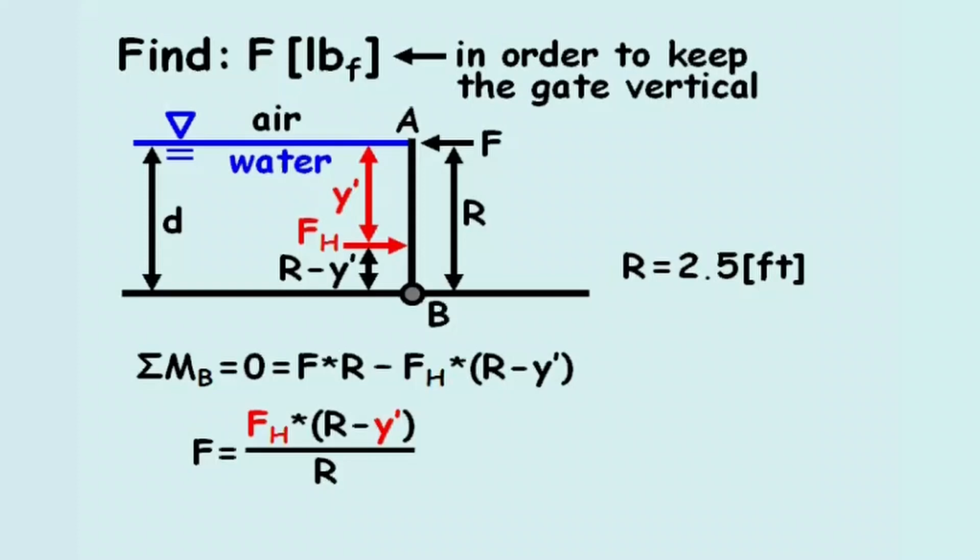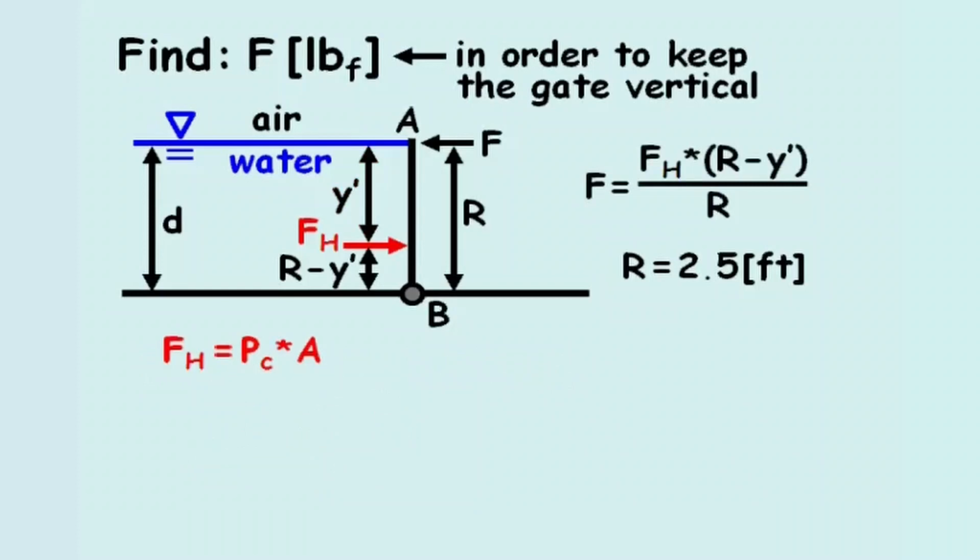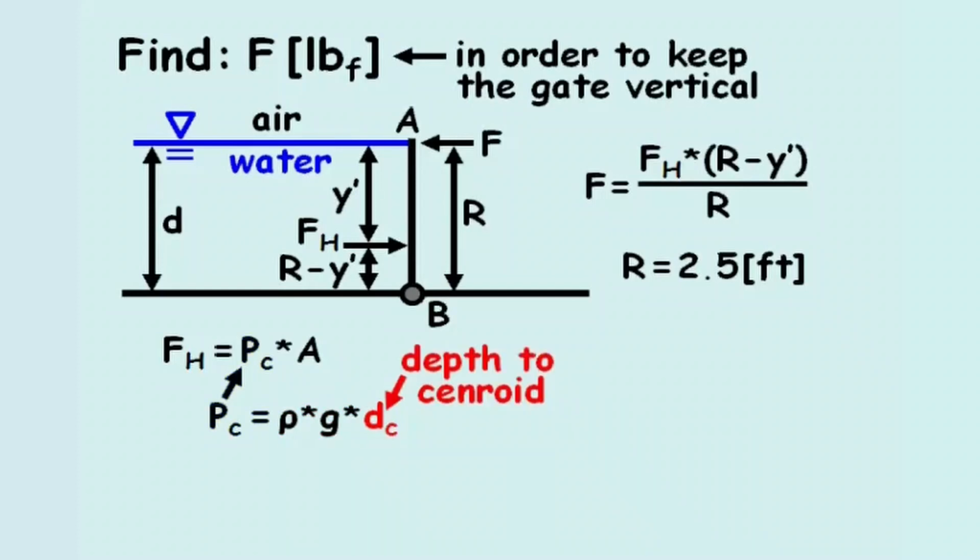y prime. The horizontal force caused by the water, Fh, equals the hydrostatic pressure at the centroid of the gate, Pc, times the area of the gate, A. This pressure, Pc, equals rho times g times dc, where dc equals the depth to the centroid of the gate, which is a different value than y prime.